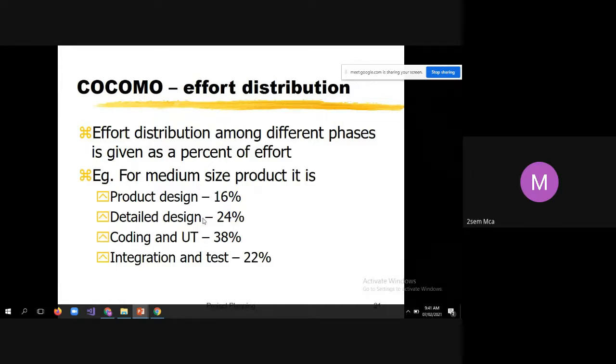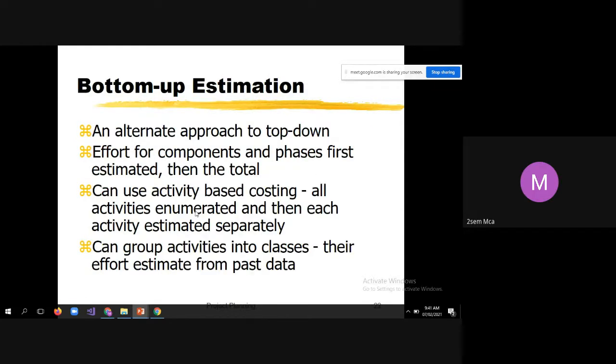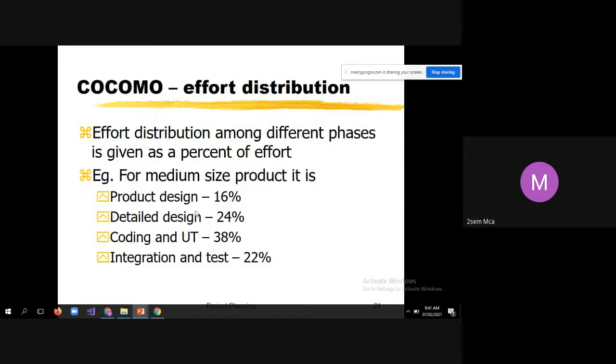As we know, the person who writes the code is responsible for conducting the unit testing, so coding and unit testing will be done by the developers. For that purpose, 38% of the amount you may have to spend, that means the overall effort. Based on the effort only, we assign the budget, isn't it? Then integration and testing, 22% of effort is required.